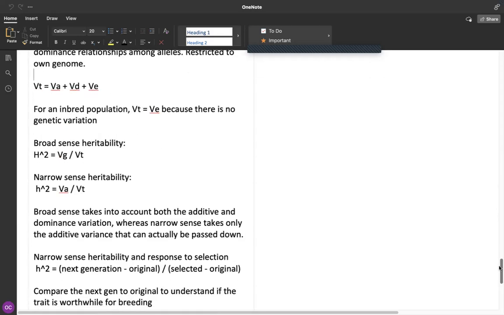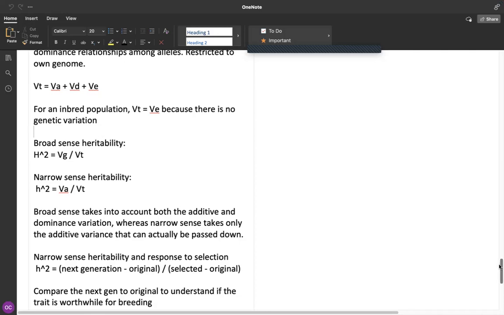And for an inbred population, just use V sub T equals V sub E. It's just saying that because there's no genetic variation, all of the phenotypic variation in that population has to be caused by the variation of the environment.